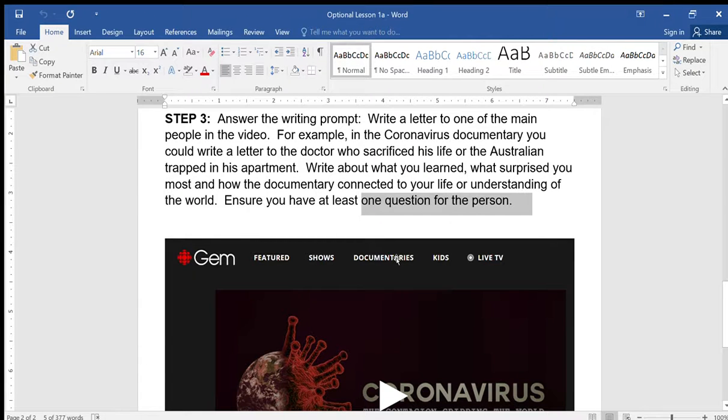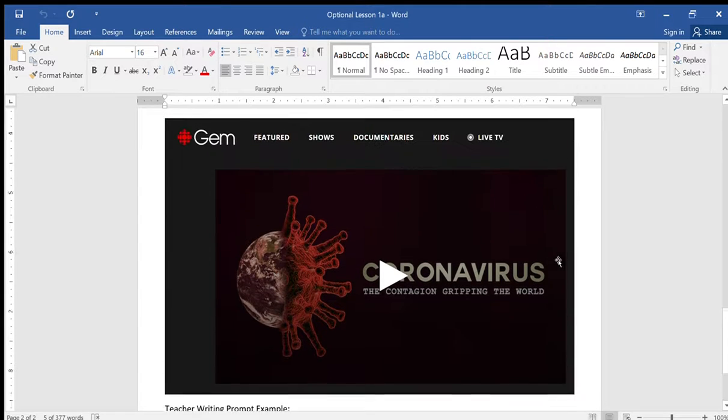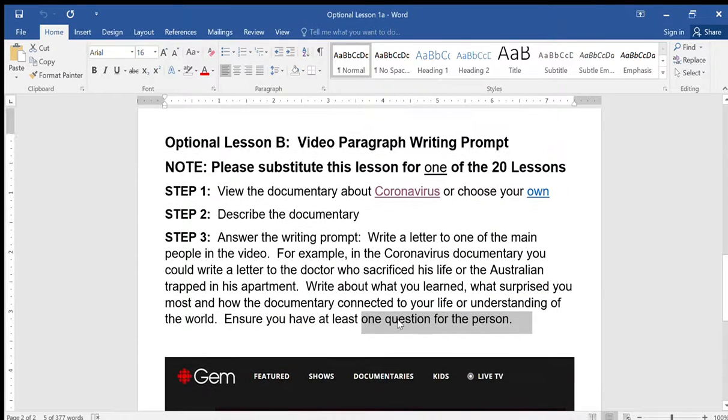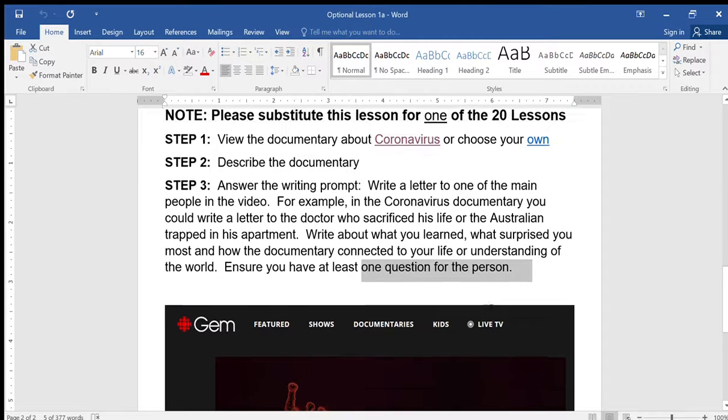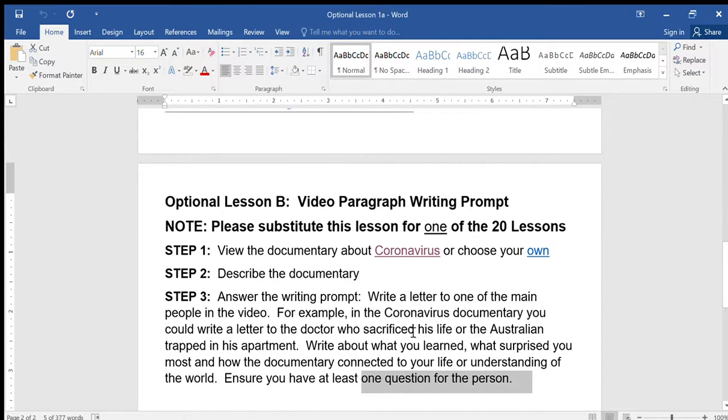There's the ones that we watched about aging. There's ones about the way that people live, different cultures, the environment, politics, people. There's a lot to watch. You can pick any one you want. My suggestion is Coronavirus because it was quite surprising, and I learned a lot from it.